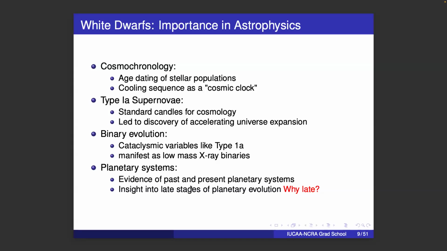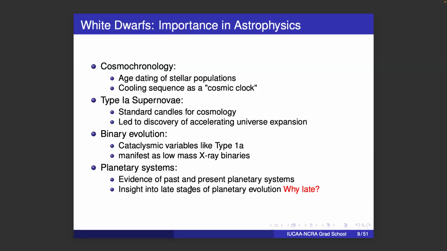Lower mass stars have long lifetimes, and we saw that higher mass stars will form neutron stars or black holes. Lower mass stars are the ones who form white dwarfs. So if you're seeing lots of white dwarfs, that means the lower mass stars have evolved into white dwarfs, correct?